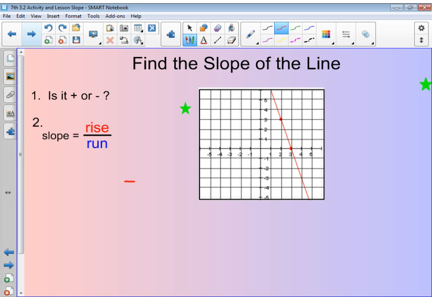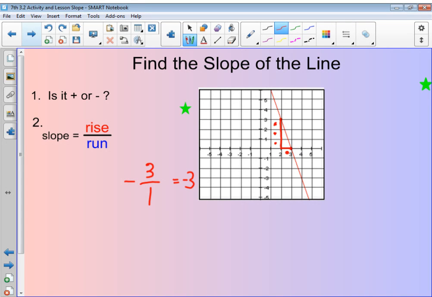So if I go down from this dot to the line where my other dot is and across, I end up creating actually a triangle there. Now I'm going to touch each box to count the boxes. So my rise is 1, 2, 3 boxes. My run is 1. So my slope is negative 3 over 1. That can also be written out as negative 3.